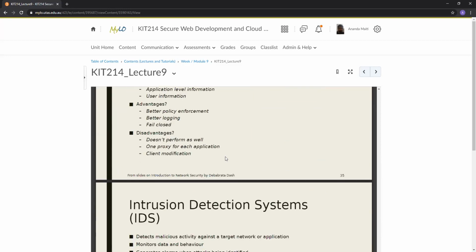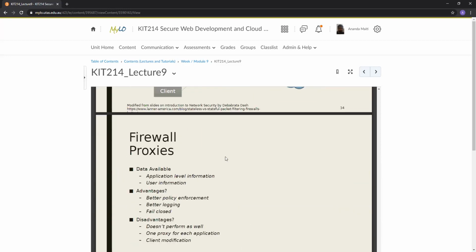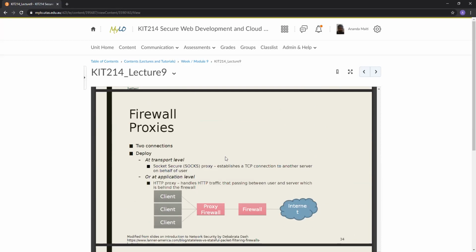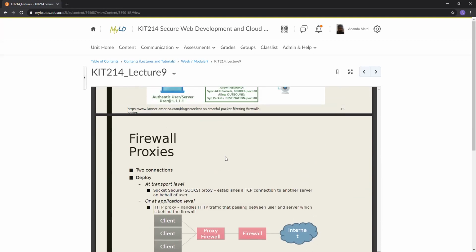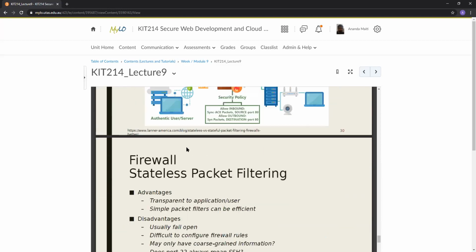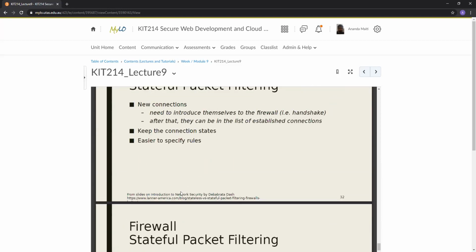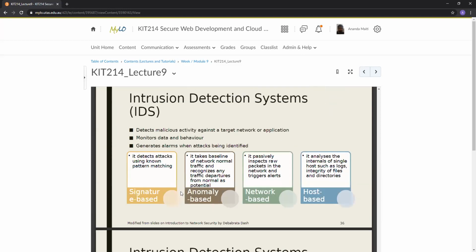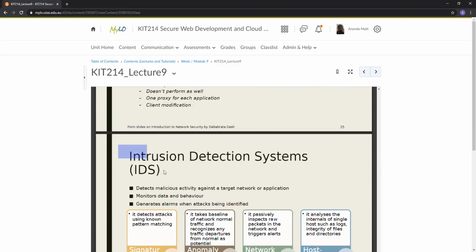Then what's a firewall? How do firewalls protect against attacks, and what's the difference between the stateful and stateless firewall concepts? IDS, so intrusion detection, I think there was a question last year, I can't remember.